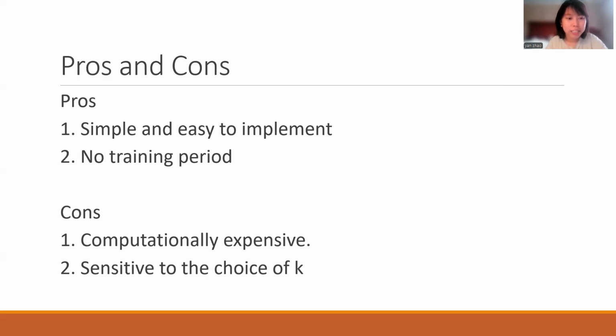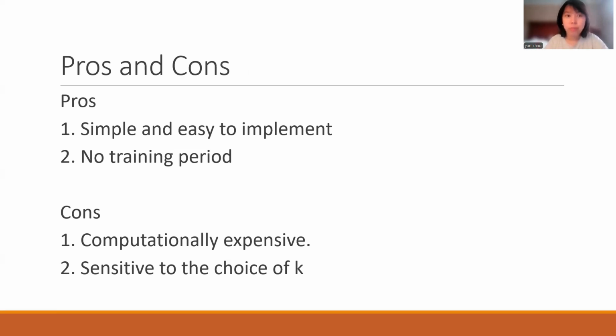The second one is there's no training phase, which means that new data can be added to our training data set directly without retraining the model. So for a real world project, if your training data set needs to be updated regularly and you don't want to retrain your model, maybe you can consider using the KNN algorithm because we don't need to train the model.